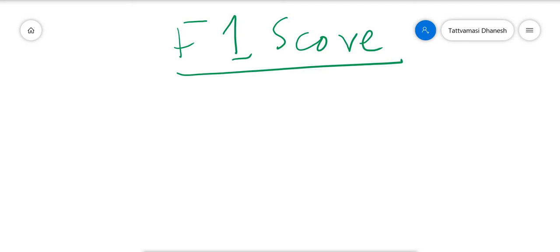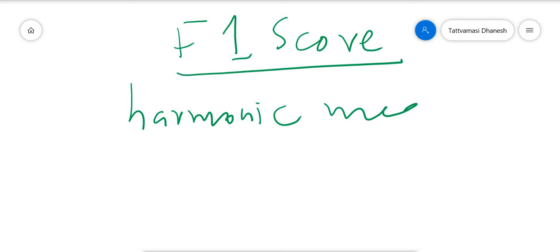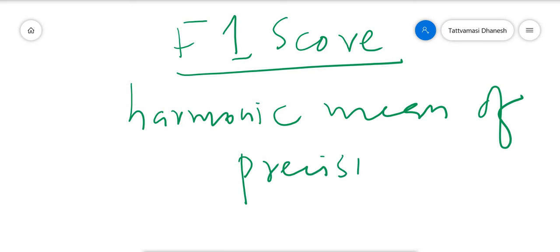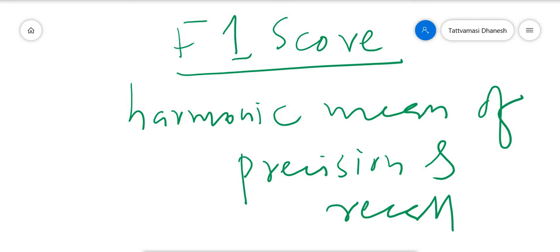It combines both precision and recall. It is not the average. It is the harmonic mean of precision and recall. That we call the F1 score.